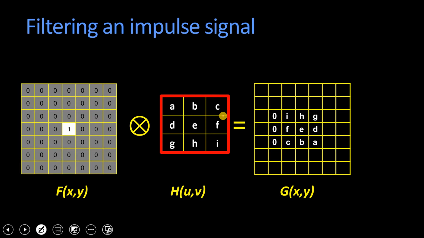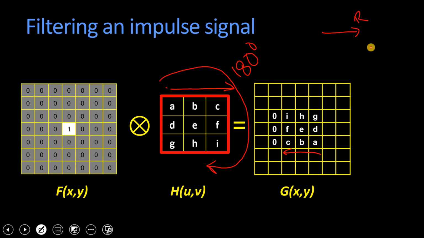The mask was A, B, C, D, E, F, and it becomes like this. It started from the top, here it starts from the bottom. So what has happened? In the correlation operation, we have moved this mask 180 degrees. Or you can say that I flip it to the right and then flip it to the bottom. Two flips give you the same thing.